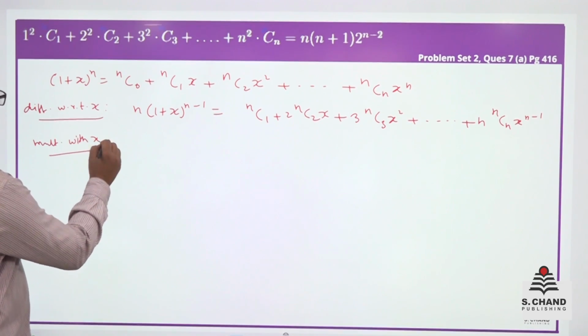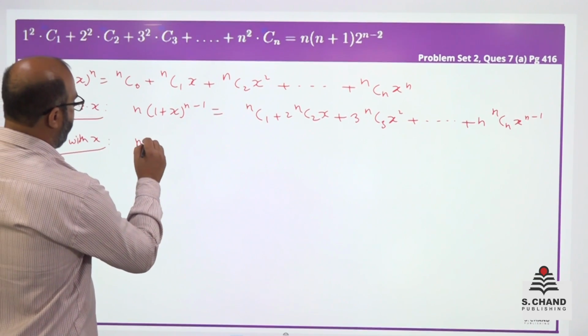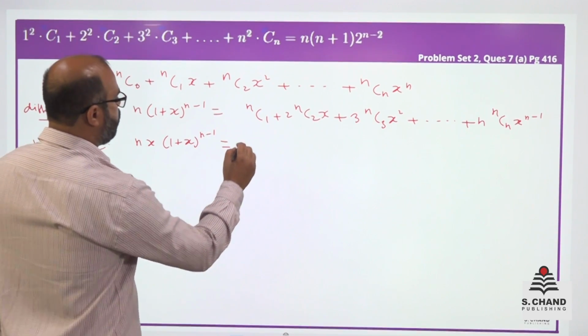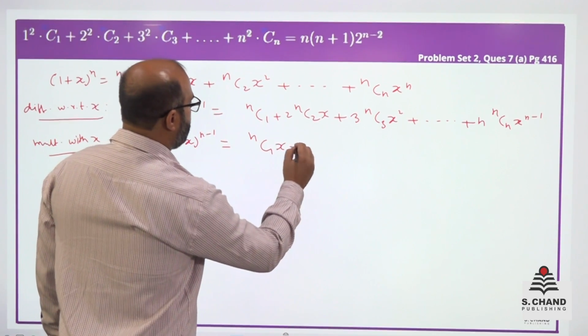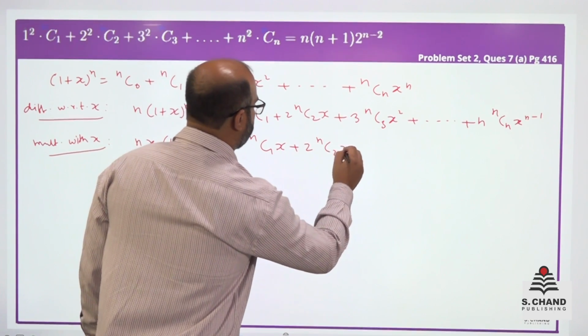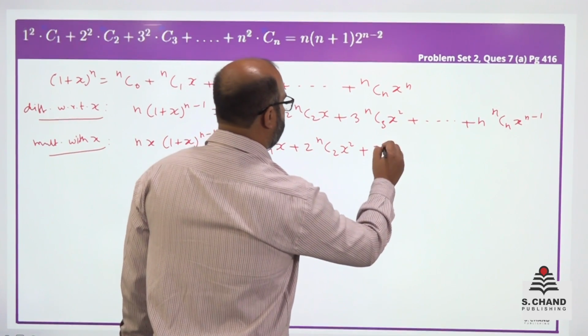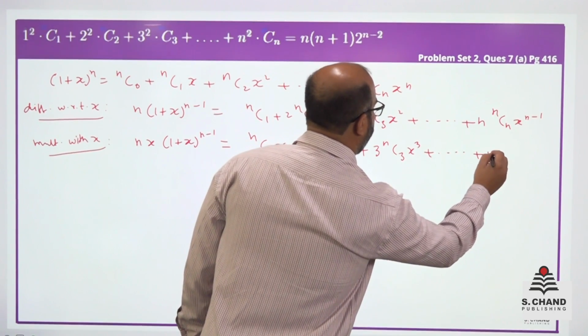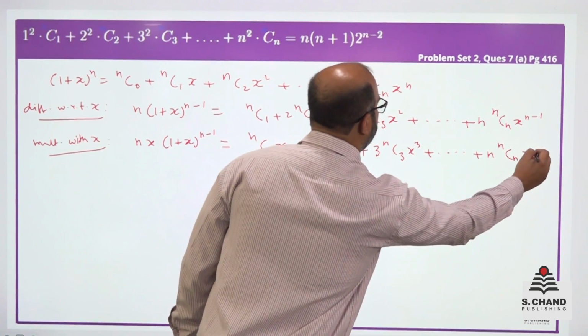When we multiply with x both the sides, this will be nx into 1 plus x to the power n minus 1 is equal to nc1x plus 2 nc2x square plus 3 nc3x cube, and so on till n ncn x to the power n.